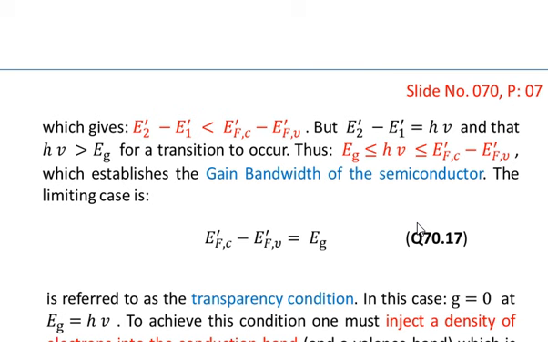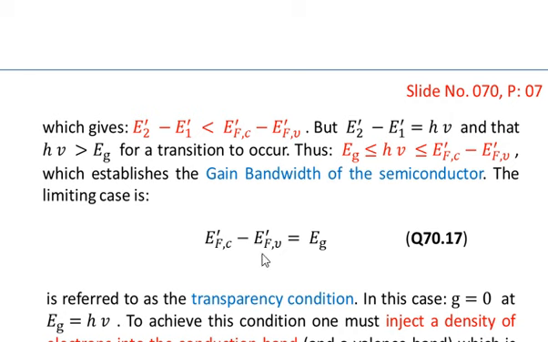The limiting case is, you see, due to the doping we have split the Fermi level into two levels. One level is Fc prime. Now under the condition shown in equation number 17, this Fc prime is lying at the vertex of the parabola representing the conduction band, and EFv prime is a quasi-Fermi level lying at the vertex of the parabola representing the valence band.